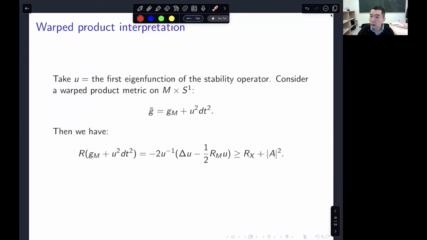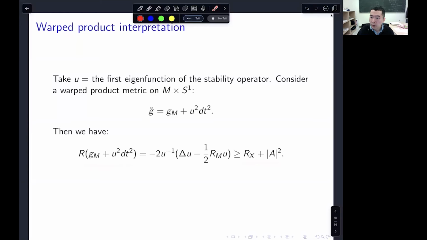Particularly, since we're taking the first eigenfunction, this factor equals the first eigenvalue plus R_X plus |A| squared. That's precisely from the operator. And since we assume stability, the first eigenvalue of the stability operator is non-negative, so we deduce that the scalar curvature of this warped product is larger than or equal to R_X plus |A| squared.